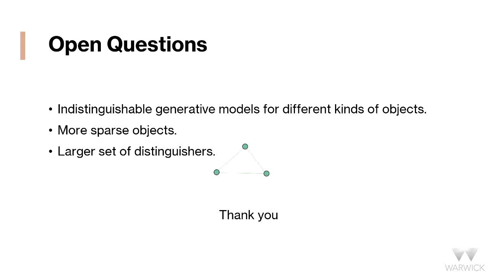Are there any questions? How much of the challenge for sparse objects comes from the need for a learning algorithm versus, say, wanting just a kind of low complexity model that you don't necessarily learn from samples?